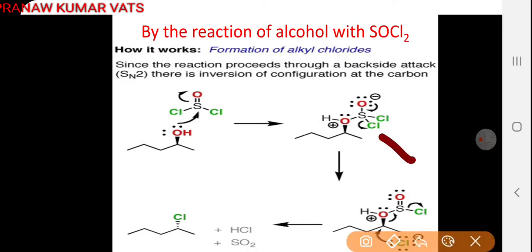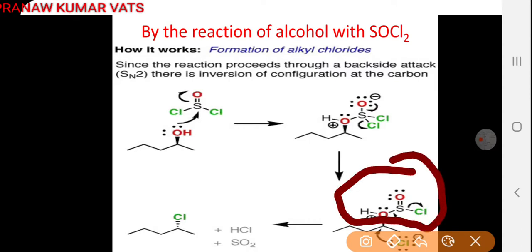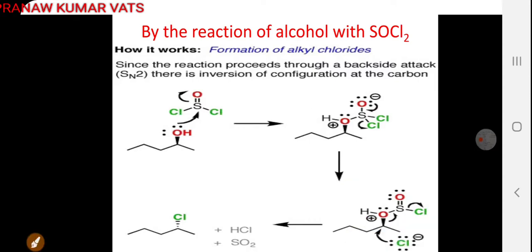You can see here this chloride ion will be released, and this chloride ion is behaving as nucleophile in this chemical reaction. In the structure you can see the upside of this carbon atom is already occupied by this group, upside is already blocked by this group, so the available side is only the back side.